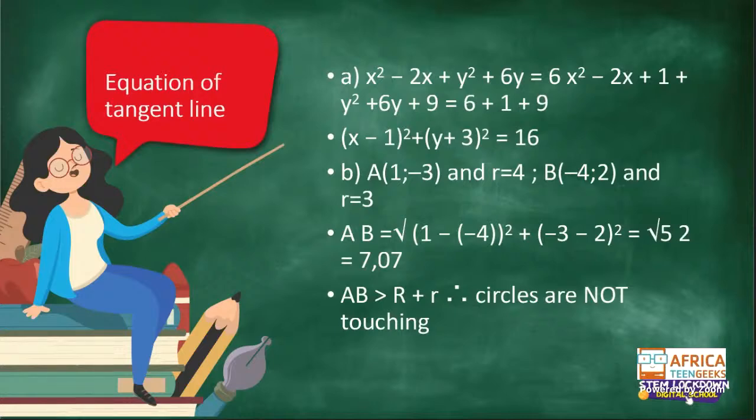When you expand, you're going to have x squared minus 2x plus 1 plus y squared plus 6y plus 9 equal to 6 plus 1 plus 9. Now, when you do your calculation, you're going to see that you have x minus 1 all squared plus y plus 3 all squared, which is equal to 16.